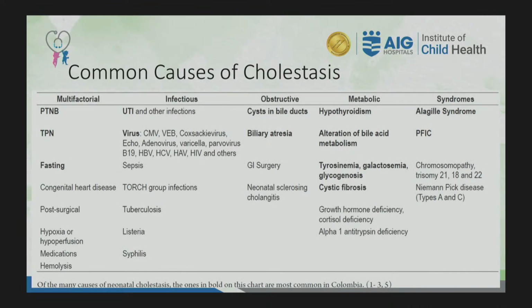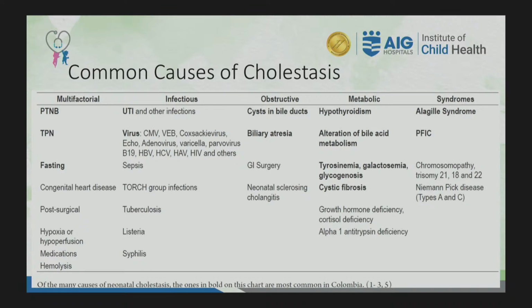So these are the common causes of cholestasis. Among infections, UTI, especially in children with galactosemia, who can present with sepsis. Common viruses can cause cholestasis, like CMV, TORCH infections, and tuberculosis. Obstructive diseases include cystic bile ducts and biliary atresia. In a preterm, total parenteral nutrition can cause cholestasis.